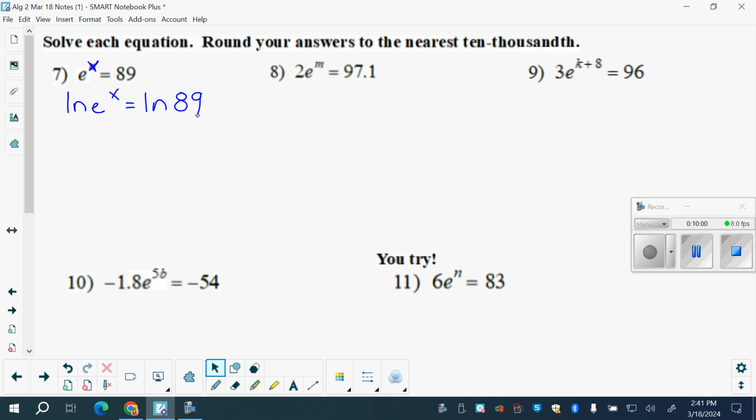To the front. So this becomes x times the natural log of e. Well, what is the natural log of e? What did we just say it is? It's 1. So this would be the same thing as just x here, because x times 1 is x, right? So then on our calculator, we just need to find the natural log of 89 to do this problem.